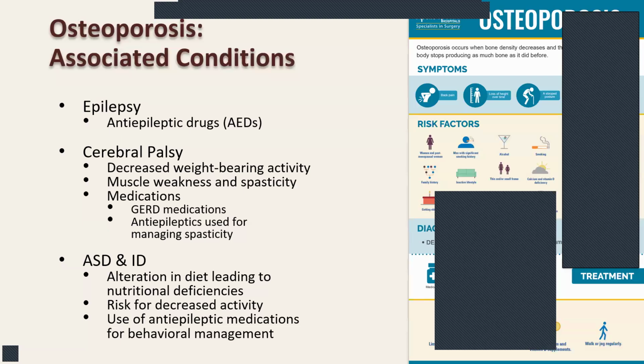And this is due to increased risk for alterations in diet, leading to nutritional deficiencies, an increased risk for decreased activity, and also the use of anti-epileptic medications for behavioral management is common in these conditions. And again, those medications can lead to decreased bone density.